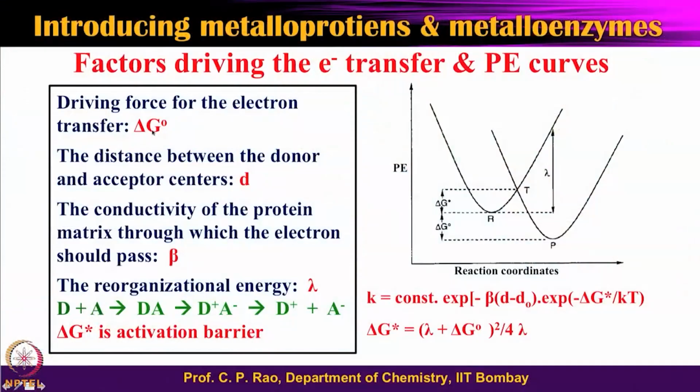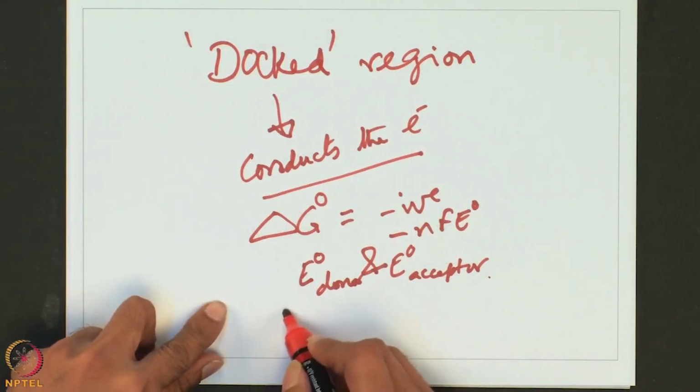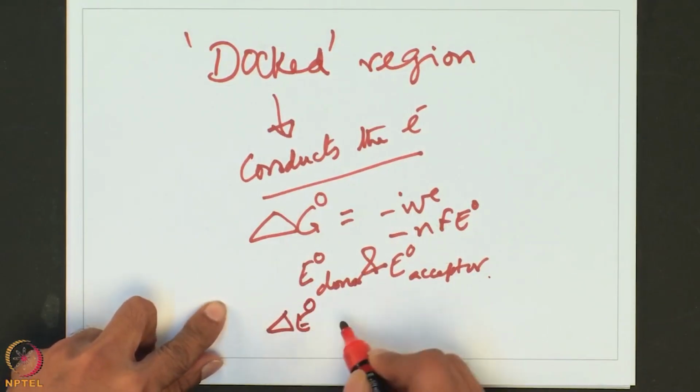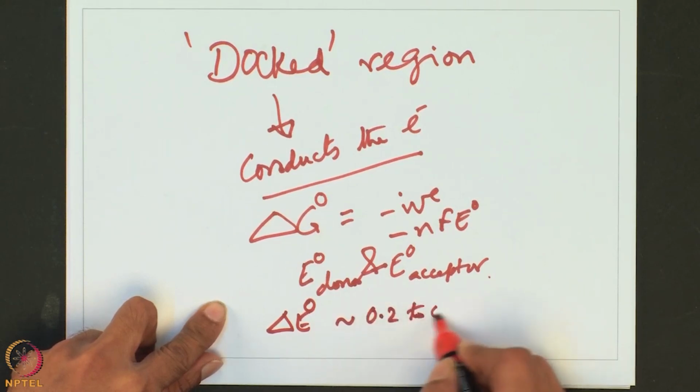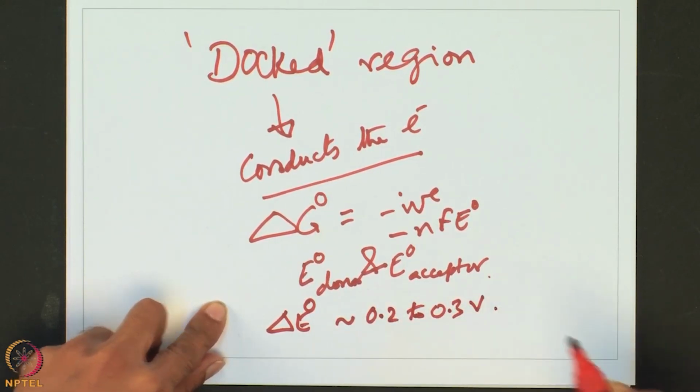So, you have a delta G naught which tells you whether the difference of the redox potentials of the donor and acceptor is good enough, because generally a redox potential difference, delta E naught, of around 0.2 to 0.3 volts is good enough.